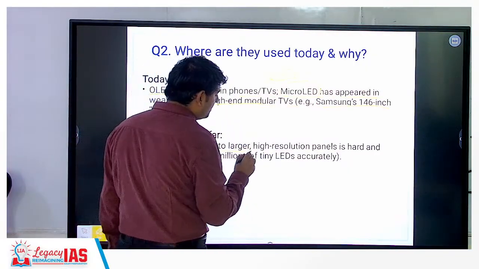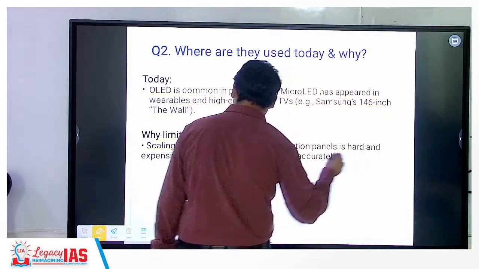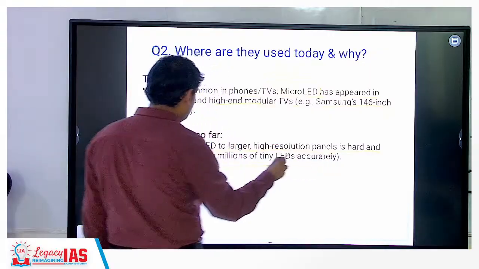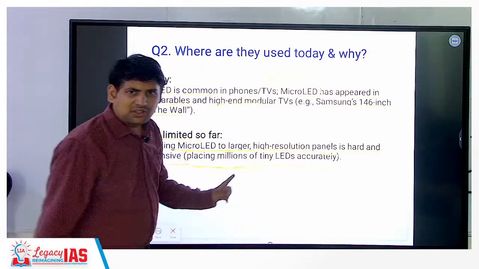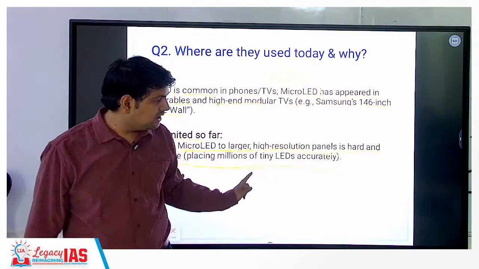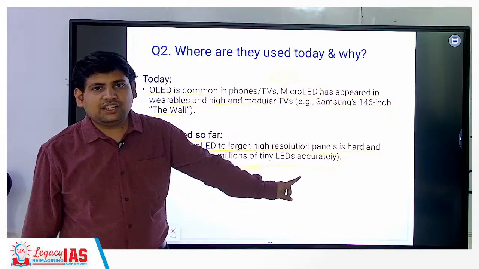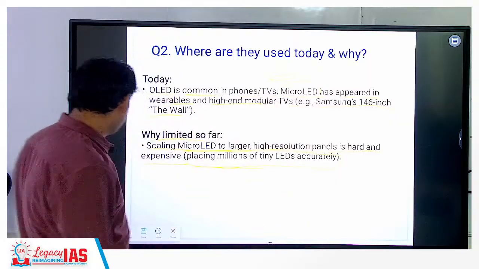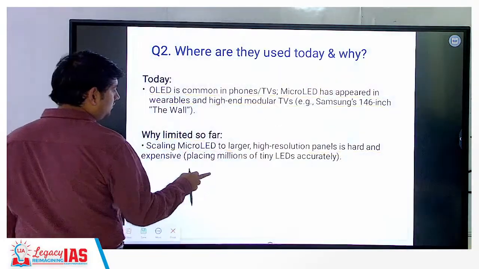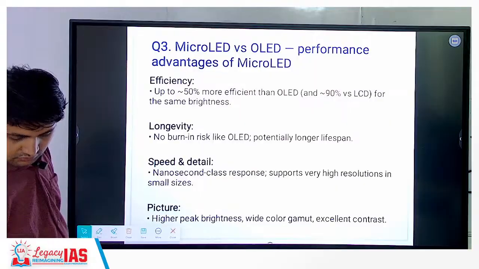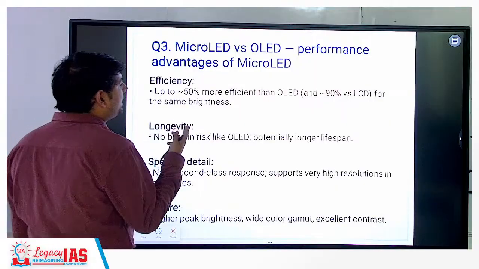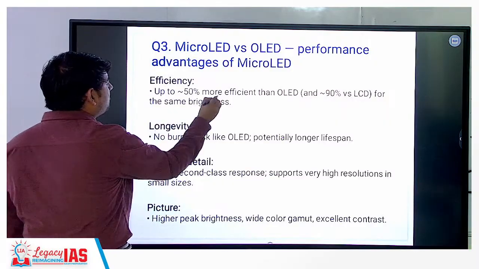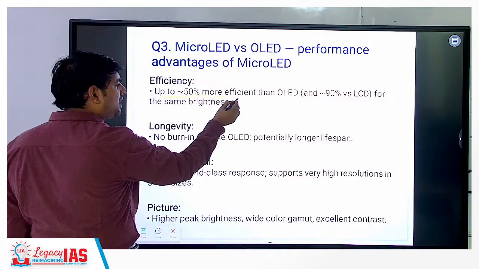Then why is it limited? Scaling micro LEDs to larger, high-resolution displays is hard and expensive. Placing millions of tiny LEDs accurately, correct? I explained this to you. You have to put millions of tiny LEDs and even some error will cause the quality to degrade. Then on performance, micro LEDs are much more efficient.